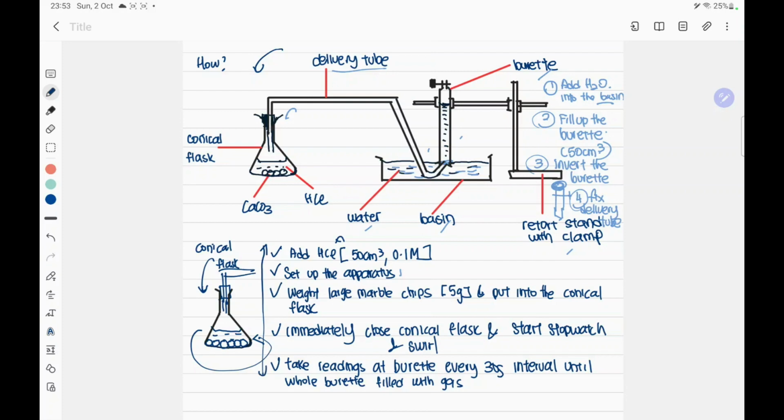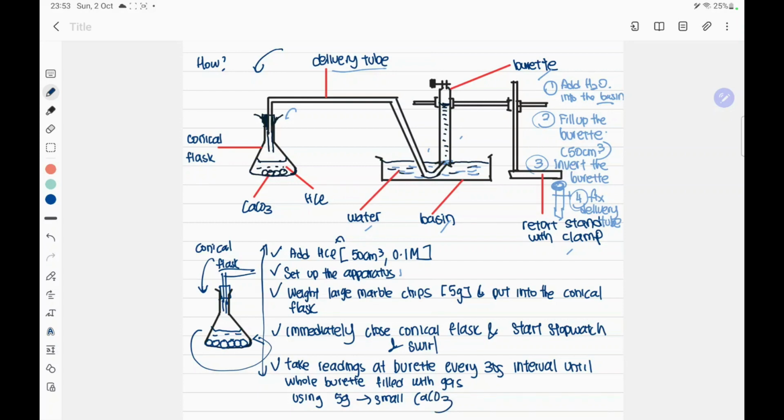Okay, you are going to repeat all these steps using exactly 5 grams of CaCO3, the calcium carbonate, the marble chips, except now you are going to use the small CaCO3.